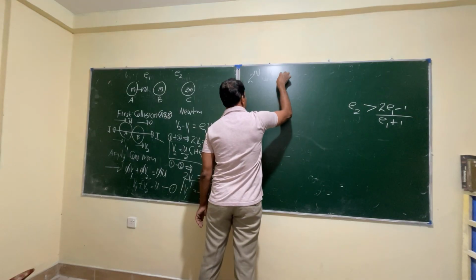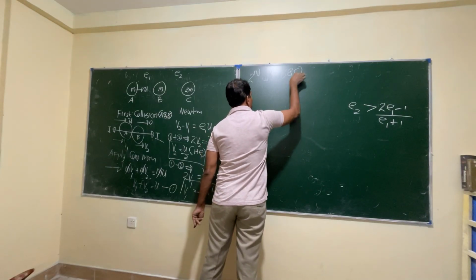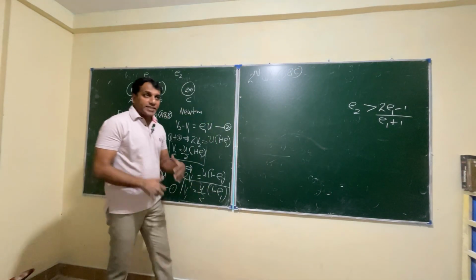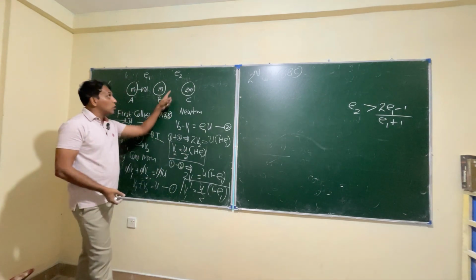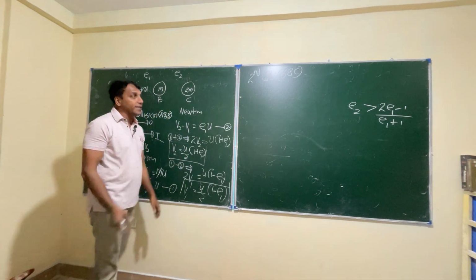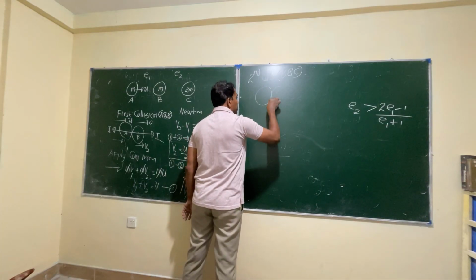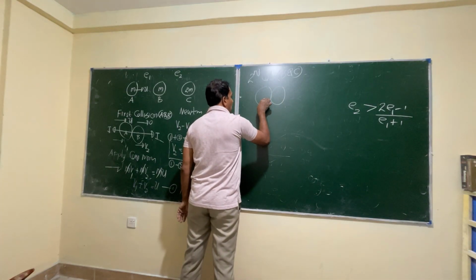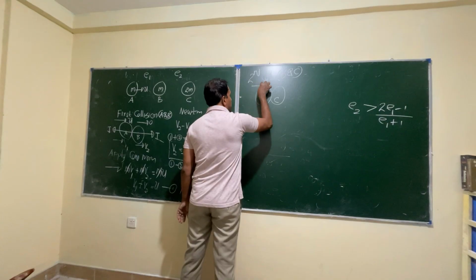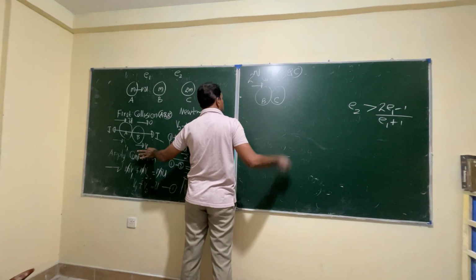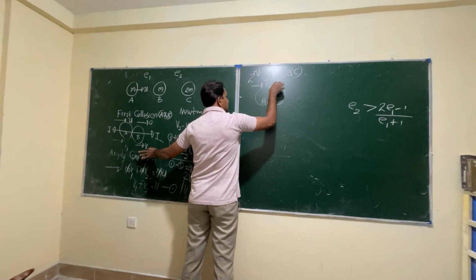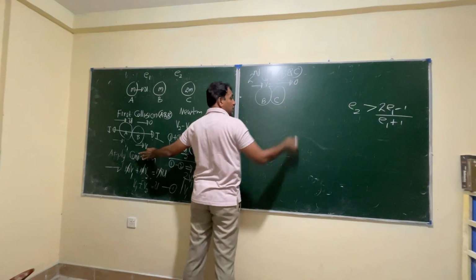between B and C, right? That has different masses also. E2 is the coefficient. So let's see my diagram. This is the B and C impact. B comes with velocity v2, and C is at rest.